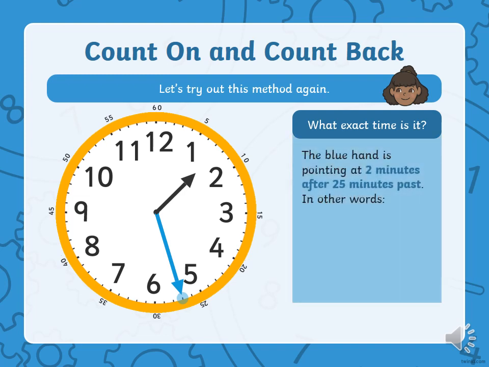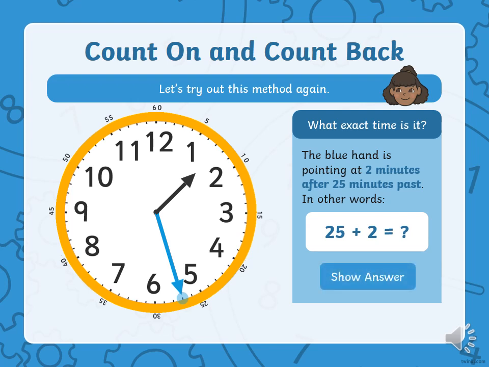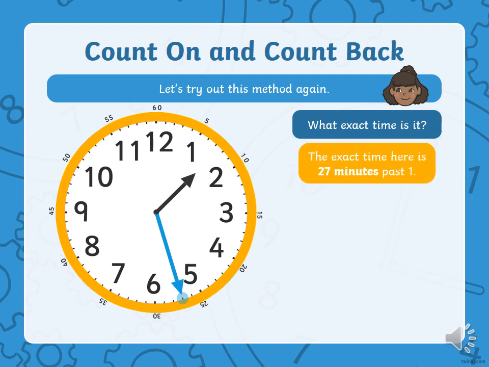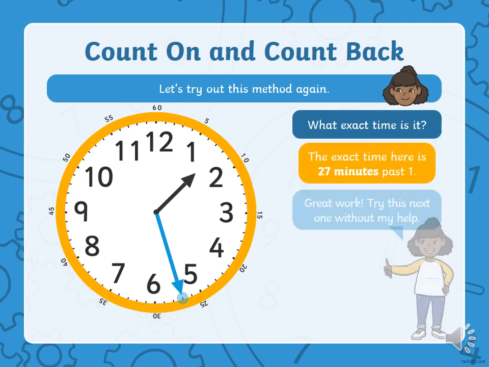The blue hand is pointing at 2 minutes after 25 minutes past. In other words, 25 plus 2, well done, 27. The exact time here is 27 minutes past 1 o'clock.